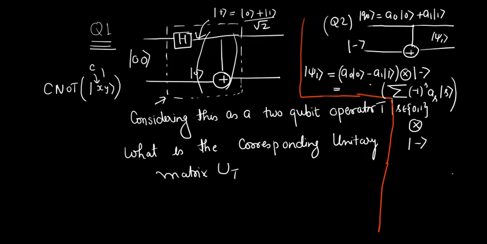This is called the target qubit. So if the control qubit is 1, the target qubit gets flipped. So by using this logic, we will get 00 because our target is 0 here, so nothing would happen.